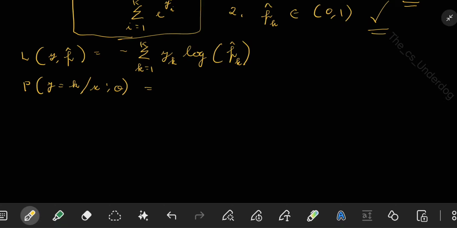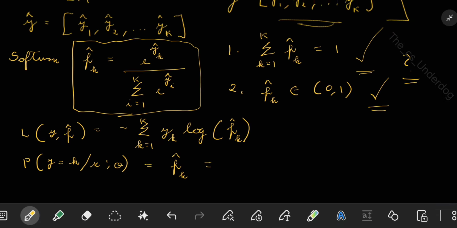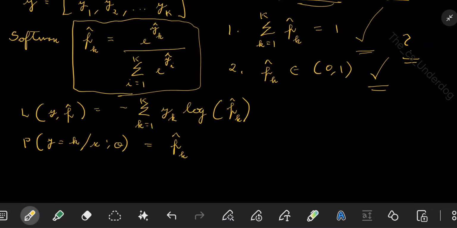This can be written as pk cap, which we already explained earlier. You already saw this, so I'm not copying it; this value will be my pk cap.